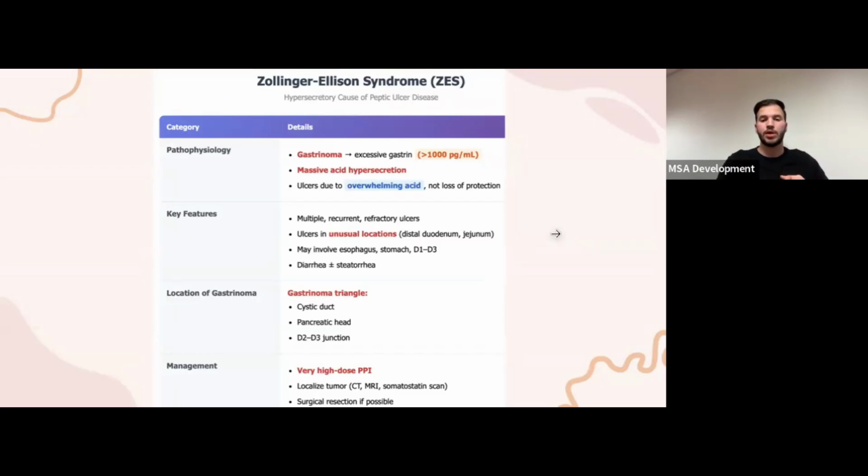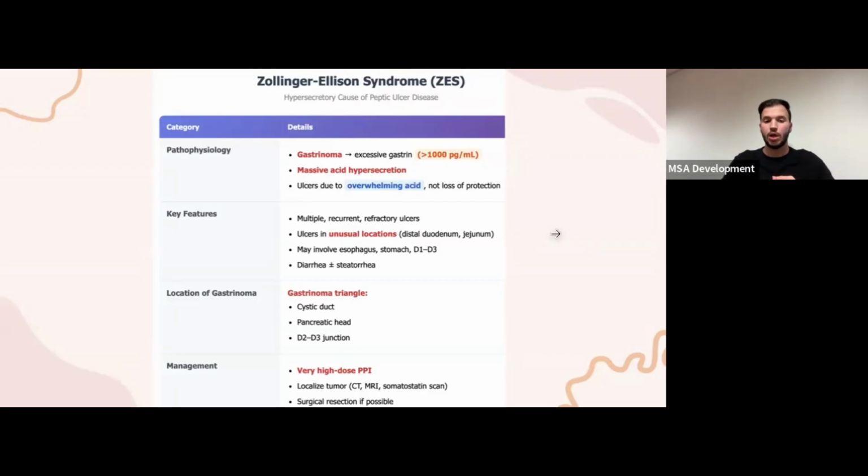There are multiple recurrent ulcers, and they may occur in unusual locations like the distal duodenum and jejunum, and they may involve the esophagus, stomach, and D1, D3, which are the connections of the duodenum.